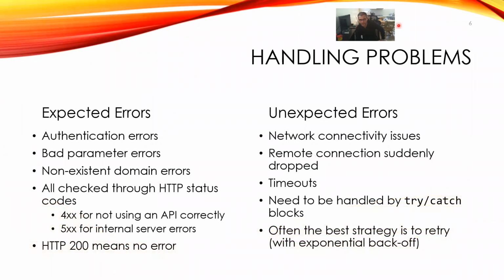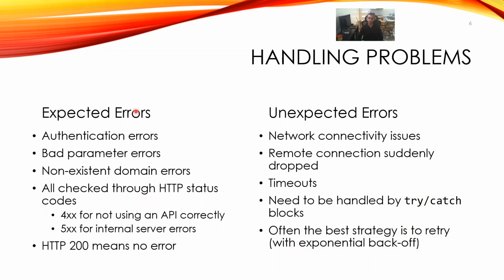So I wanted to say a few more words about how to handle problems, things that happen. I kind of hinted at it before, but we have two classes of errors, right? The first one is expected errors. These are the things that you, again, expect: authentication problems, bad parameter problems, non-existent domain problems.